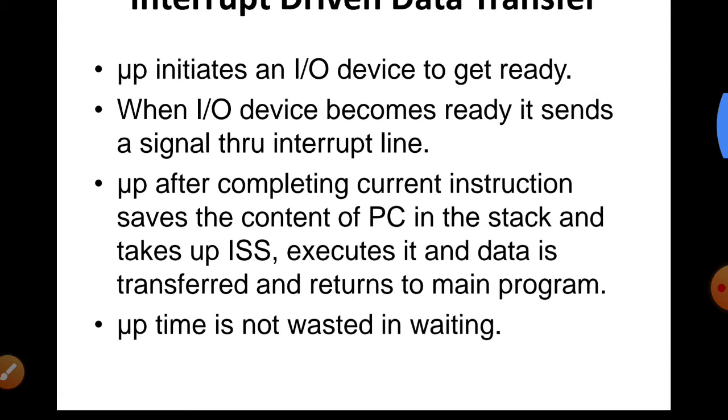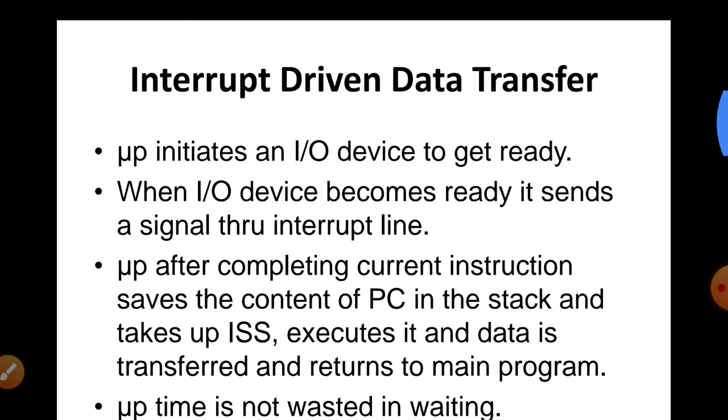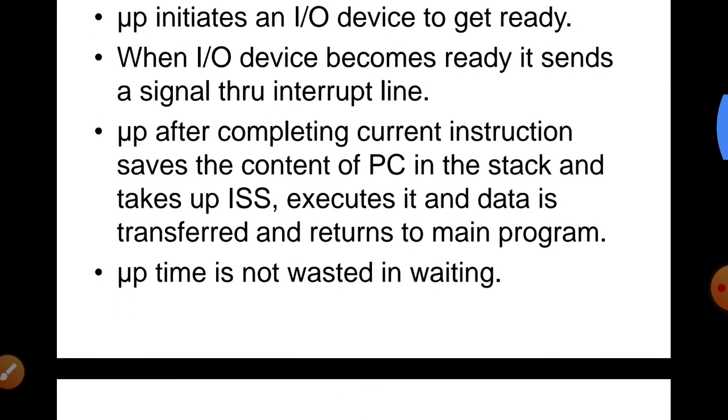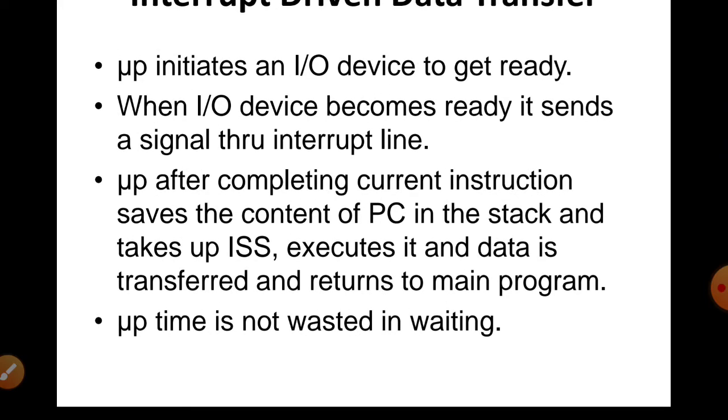But a non-maskable interrupt has to be handled immediately whenever it is received by the processor. It cannot be avoided. So maskable interrupts are those which can be avoided for a certain time, but non-maskable interrupts cannot be avoided.